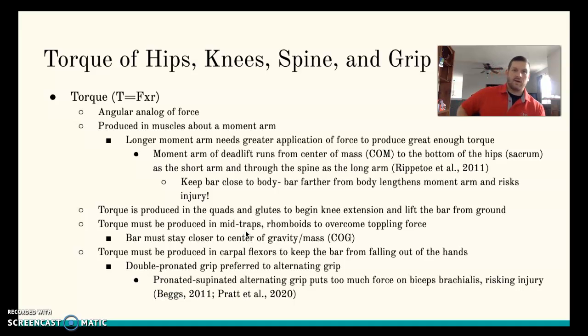So if the axis starts at our hip and extends through our head and spine and all the way down through our hips, then at the bottom of the hips, the distance from the bottom of the hips to the center of mass, to the bar, is going to be shorter, right? Whereas the distance that goes up through our spine is going to be longer. So really, this is why we're dependent on those glutes, hamstrings, and lower body muscles to break the ground.